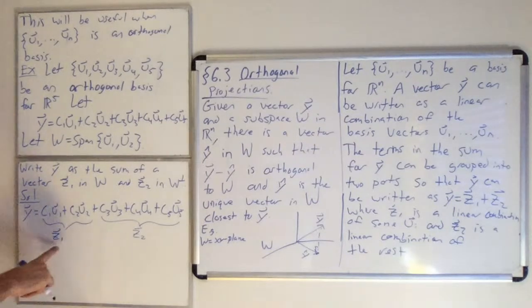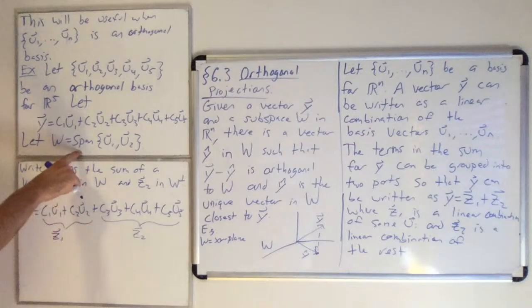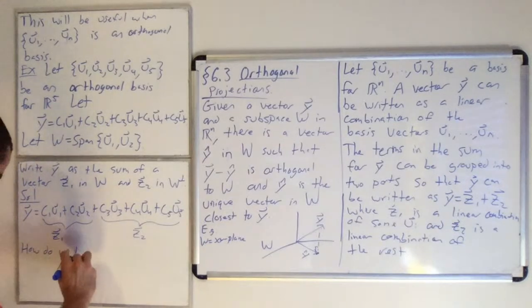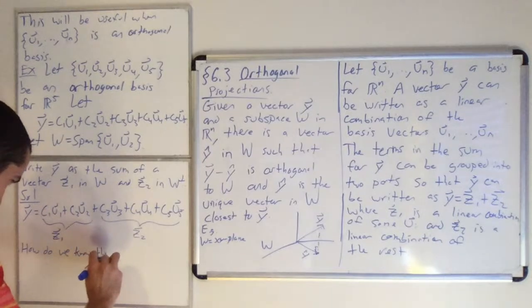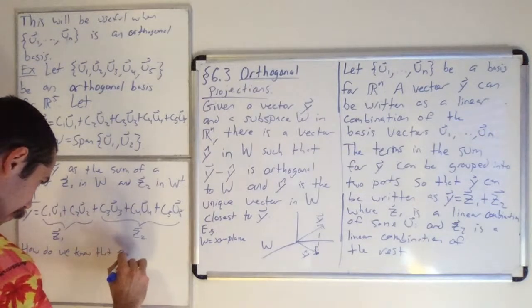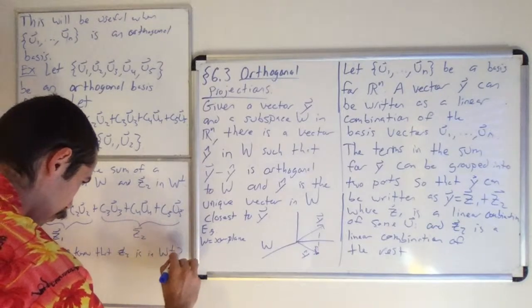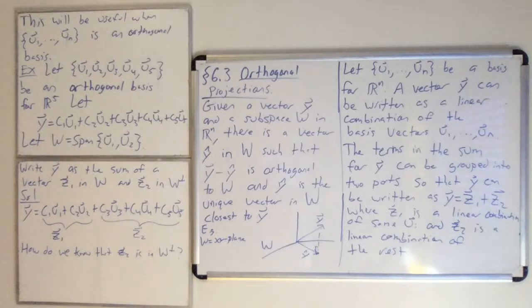Okay, so clearly z1 lives in W, right? W is the span of u1 and u2, and z1 is just some linear combination of u1 and u2. So how do we know that z2 is in W perpendicular?